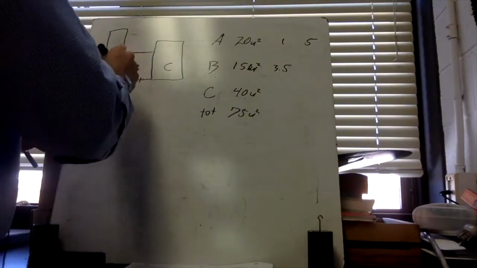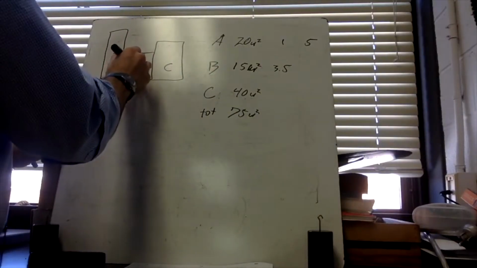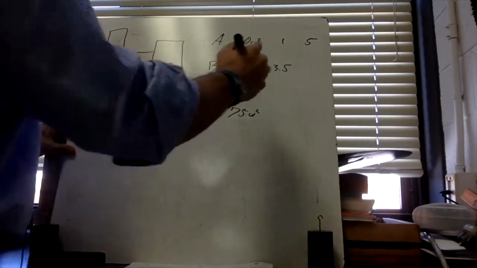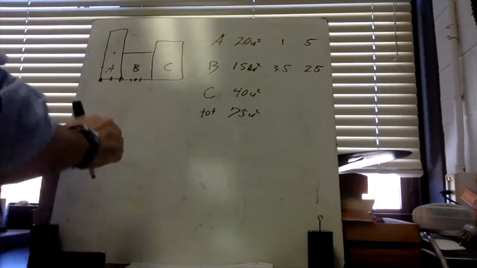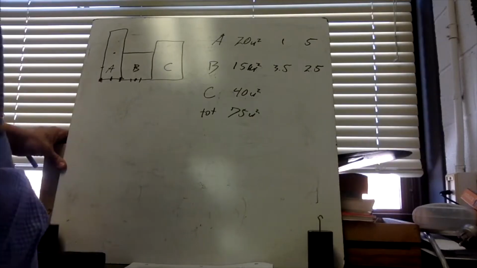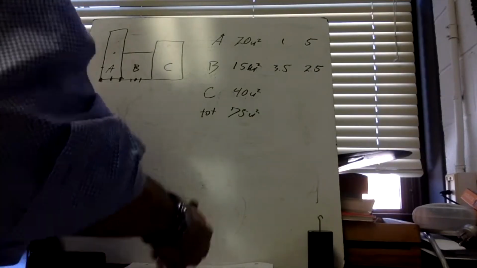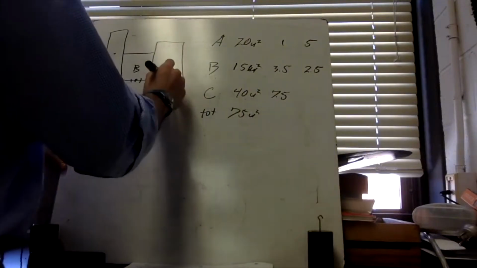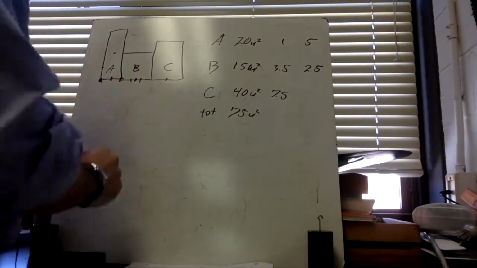This is 5 tall, and so that means the center is going to be 2.5 for its y-coordinate. And then for part C, the x-coordinate turns out to be 7.5 units. Just take the center of this thing. That's 7.5 units from the origin. And the y-coordinate is 4.